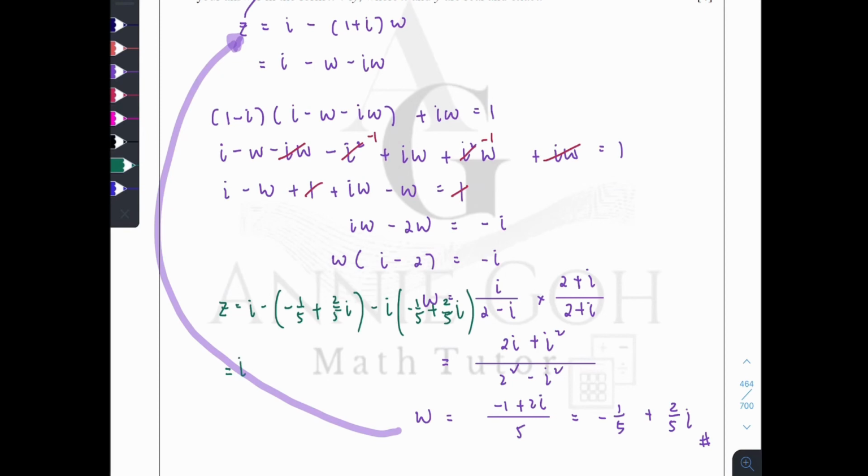Let me open up the bracket, plus 1/5 i minus 2/5 i squared.